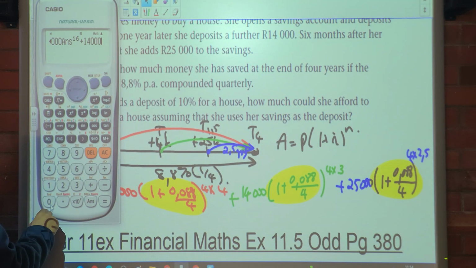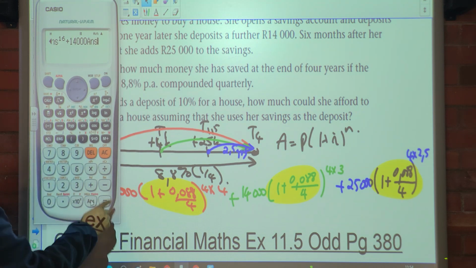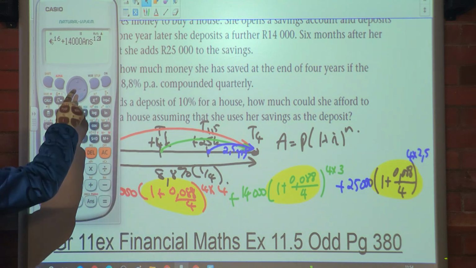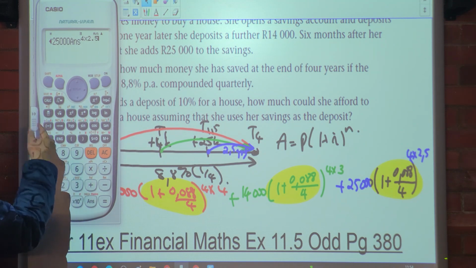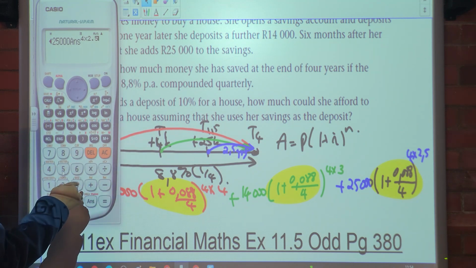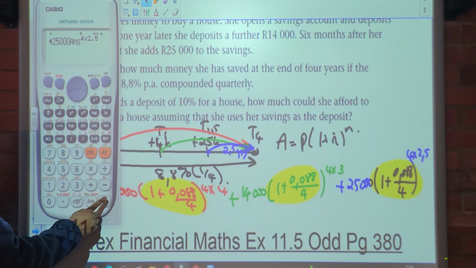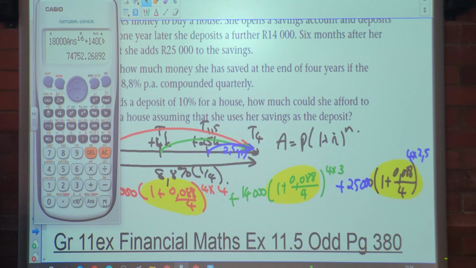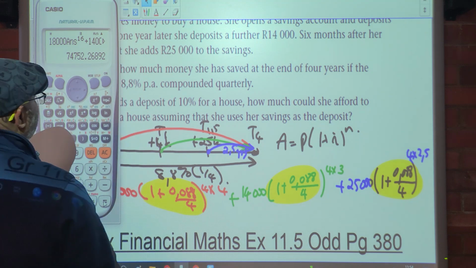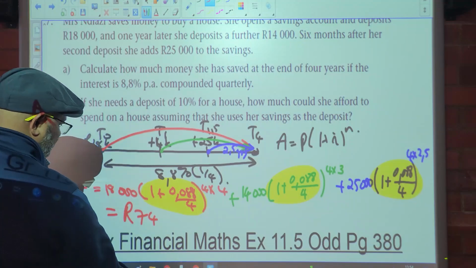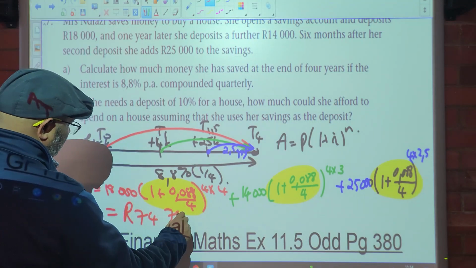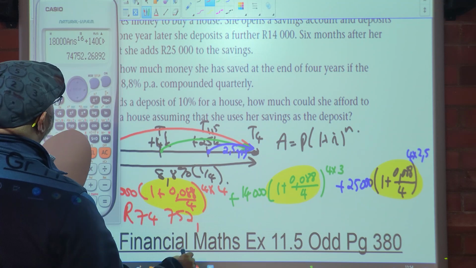Plus 14,000, answer, exponent 12, plus 25,000, answer, exponent 4 times 2.5. Now 2.5 times 4 is going to give you 10. It should have given you 10. But anyway, answer 74,752. Is that correct? 74,752 Rand and 27 cents.